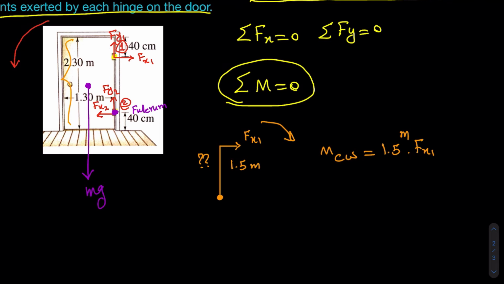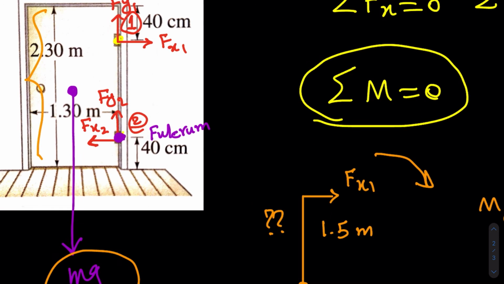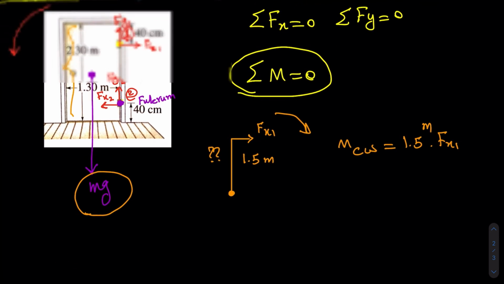The second force that creates a torque is mg, the weight of the door. The fulcrum is hinge number 2, and there is a distance between the fulcrum and mg.